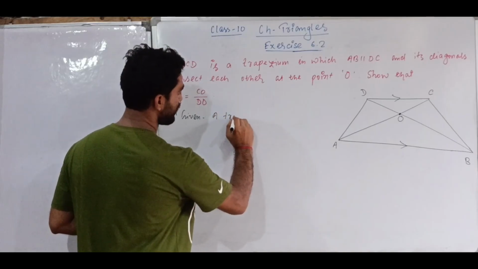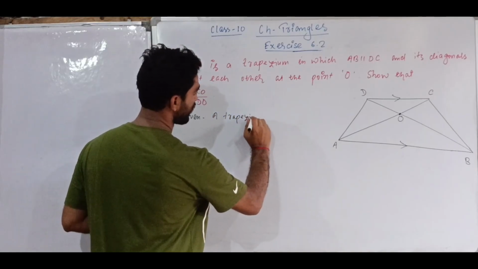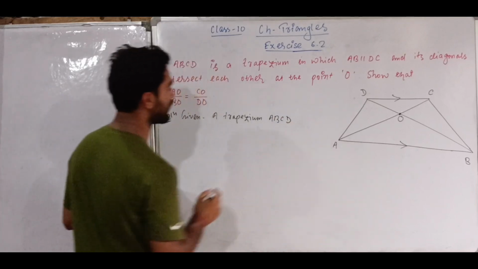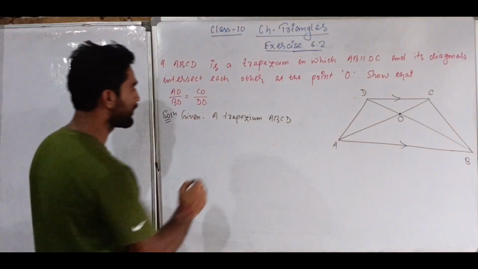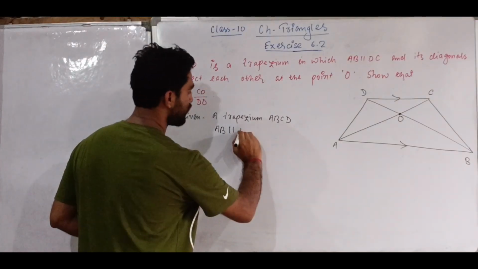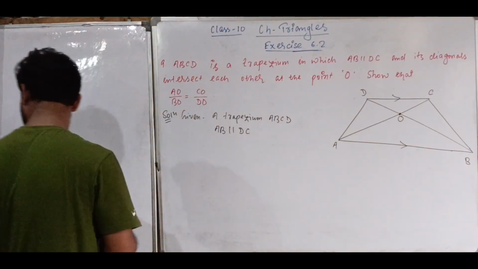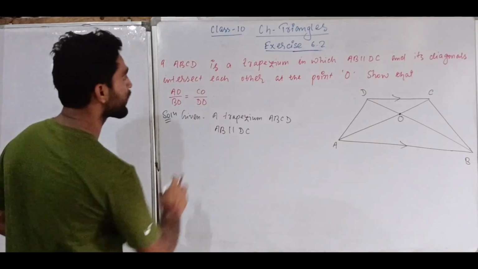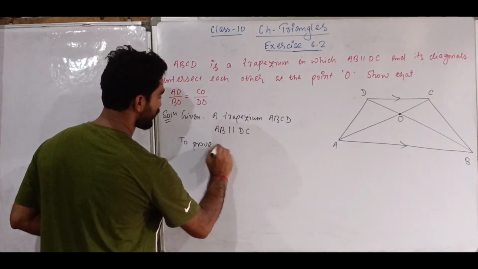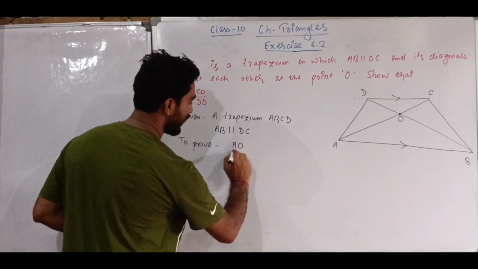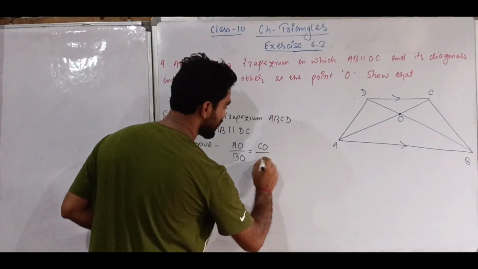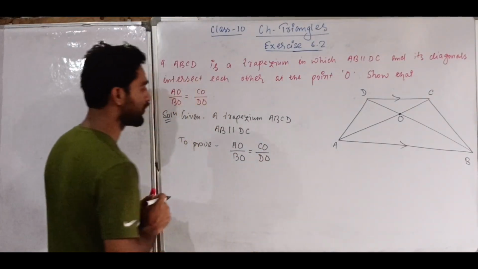A trapezium ABCD. Also given this AB parallel to DC. Next, to prove: AO divided by BO is equal to CO divided by DO.